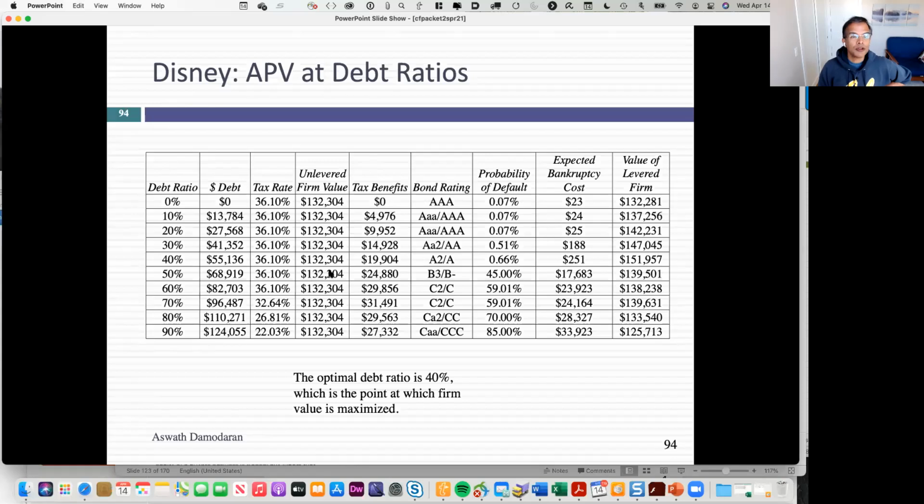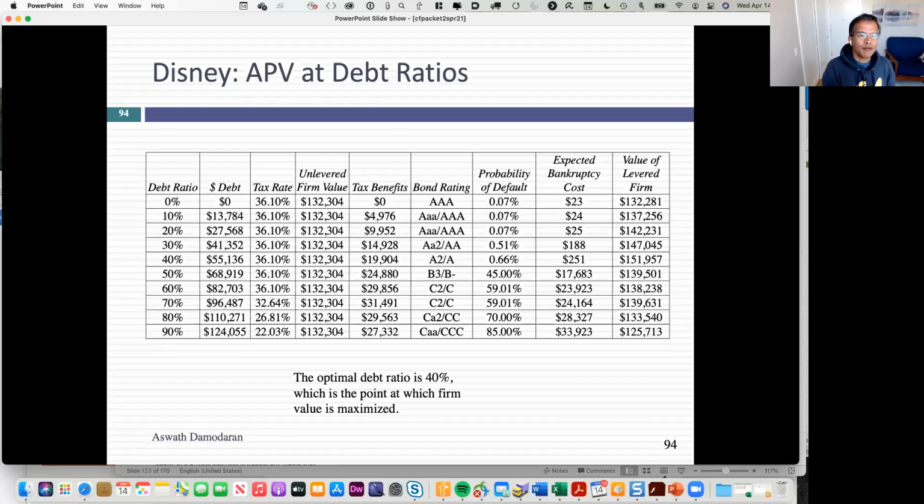They were 132.3 as the unlevered firm value, 24.88 as your tax benefit. So adding those two numbers up, you get about 156 or 158. And at 50% debt, you have a 45% chance of failure. So there's a 45% chance your company could essentially be worth nothing because your equity kind of implodes.